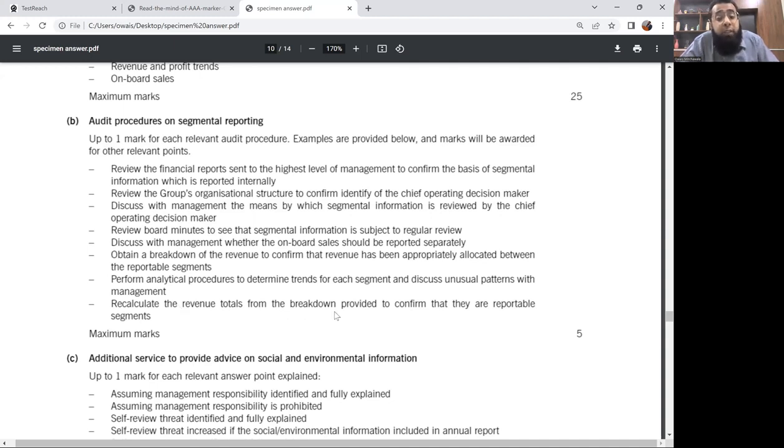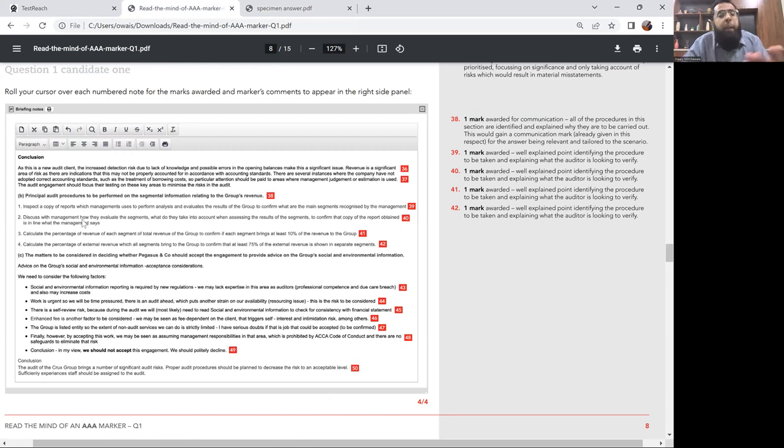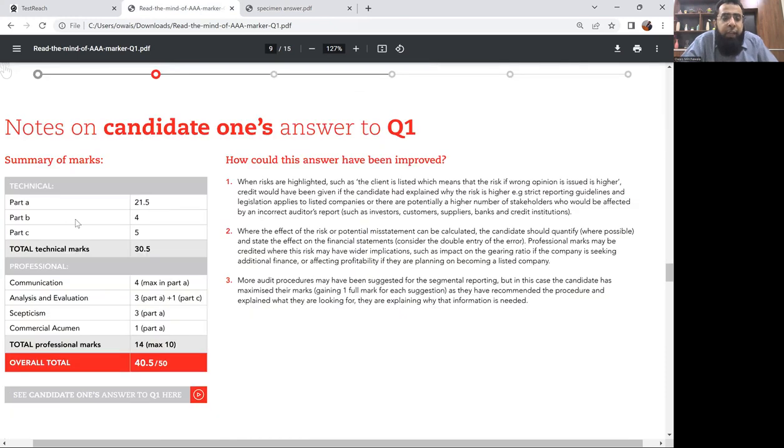Recalculate the revenue totals from the breakdown to confirm that they are reportable segments. So 1 mark for each procedure. Examples are provided below. Marks will be awarded for other relevant points also. Okay. So candidate 1 has attempted it well, but he should have included one extra procedure here. So if we look at it, he got complete 4 marks here.